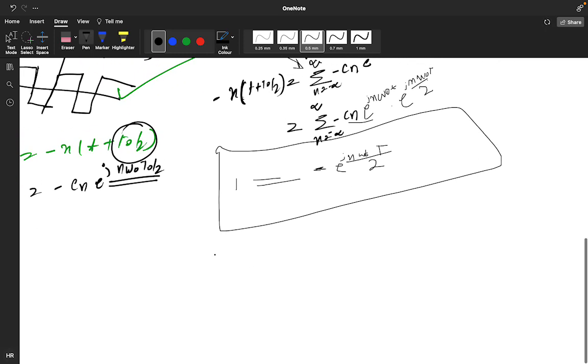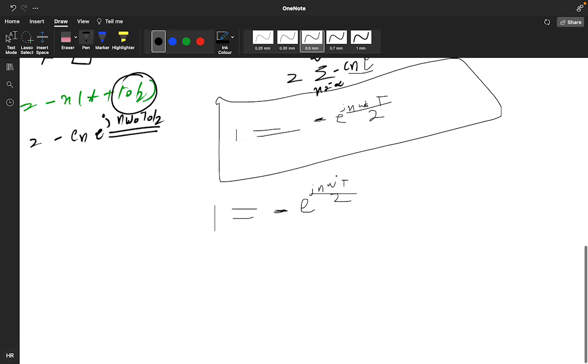Okay, so this is one, and write it properly because my pen is not working. So, e power j n omega naught t by 2. Now when you put the formula of omega, what you will get? 2 pi f, and f is 1 by T only.